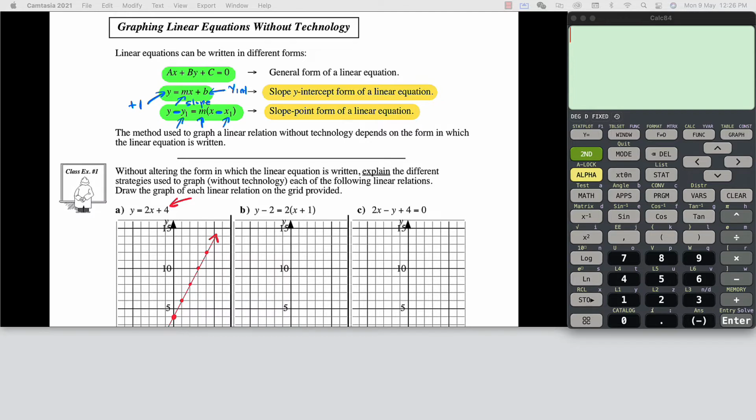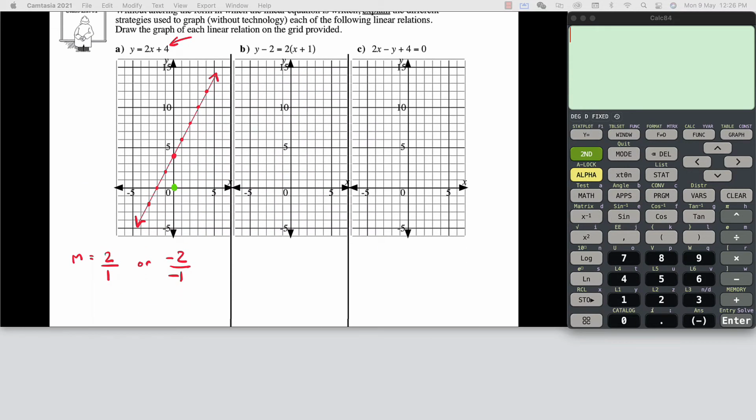So when we go back to question B, it does say it is in that format, y minus 2. Basically that 2 is going to be my y point, the coordinate of the point. So I have a point here, and it's going to have an x and a y.